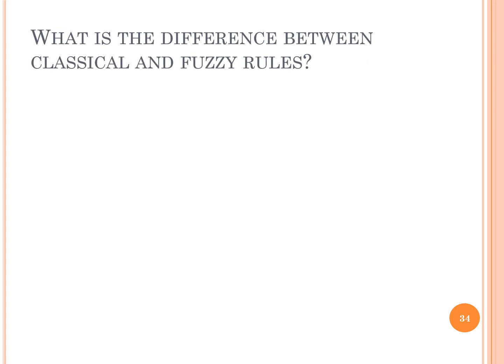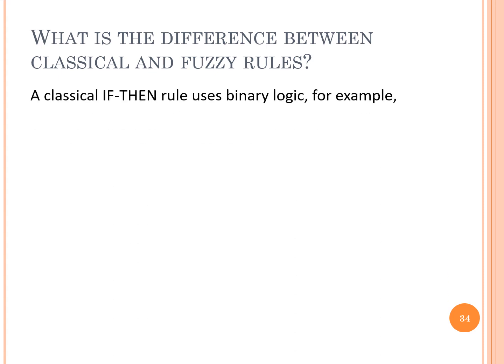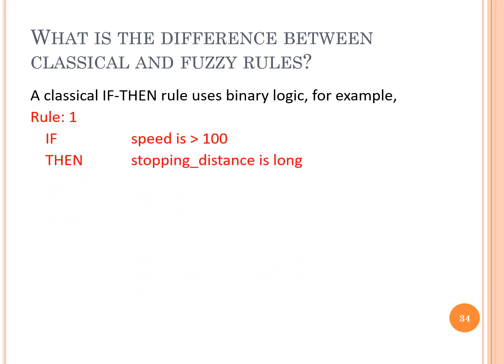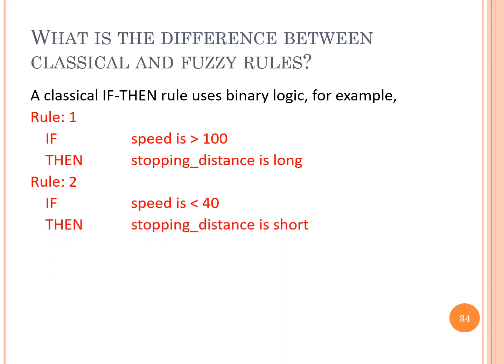So what is the difference between classical and fuzzy rules? A classical if-then rule uses binary logic. For example, rule number one: if speed is larger than 100, then stopping distance is long. Rule number two: if speed is less than 40, then the stopping distance is short.